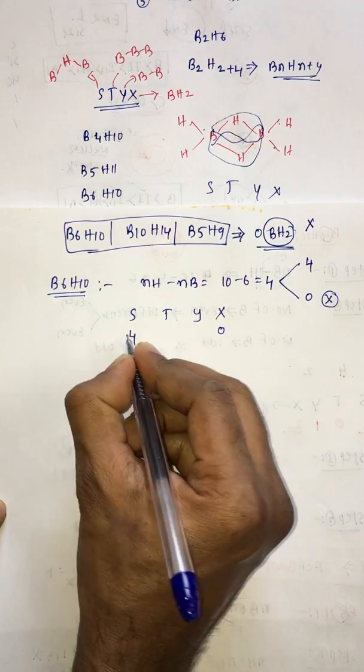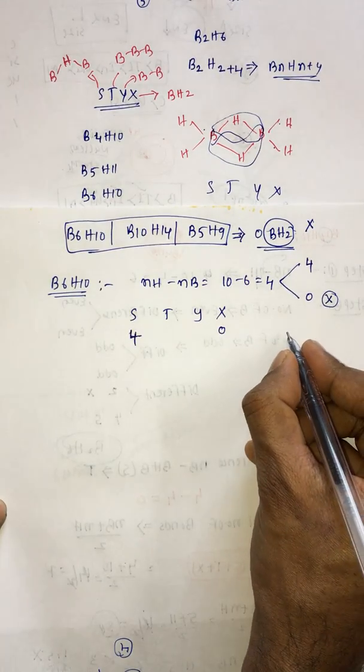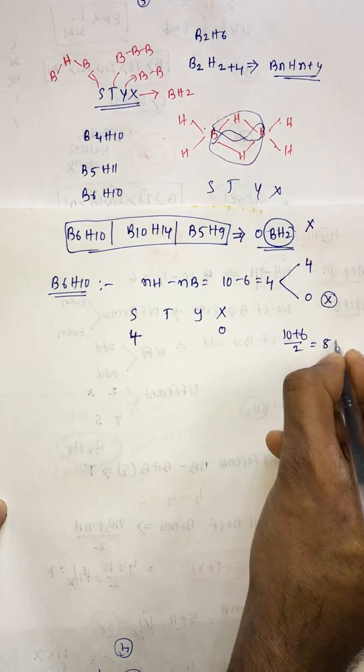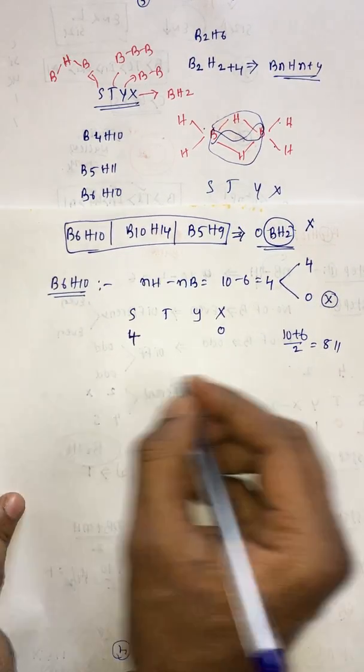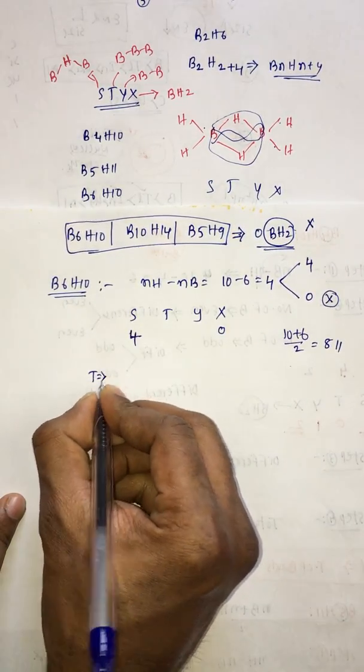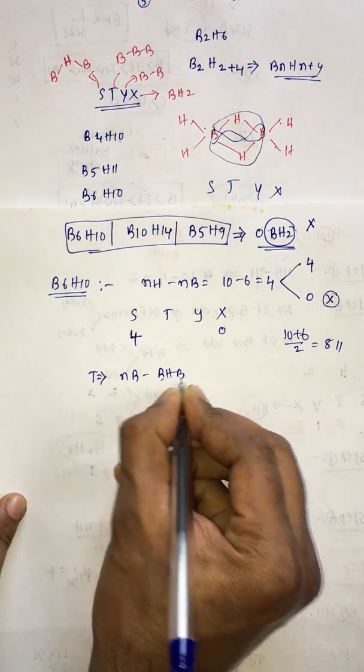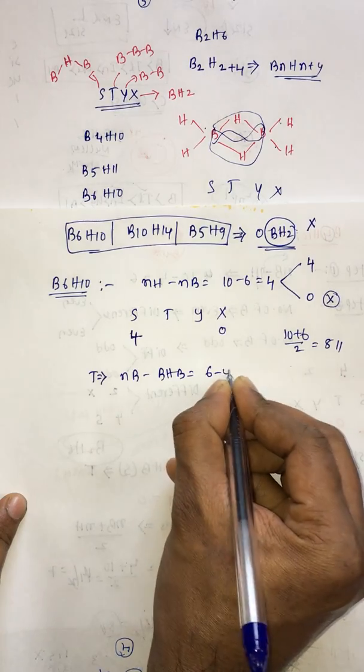This will be 4. Number of bonds, how many here? 10 plus 6 by 2, this will be 8 bonds. Total 8 bonds. Now the T value equals the number of borons minus BHB. The number of borons is 6, minus 4 equals 2.